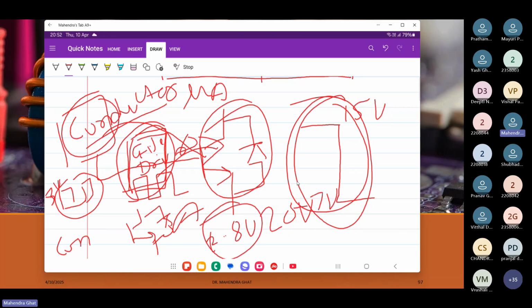But not a MOSFET which has a threshold voltage of 5 volts or 10 volts. Threshold means above that voltage it will turn on, and below that voltage it will turn off. That is the threshold voltage of a MOSFET.